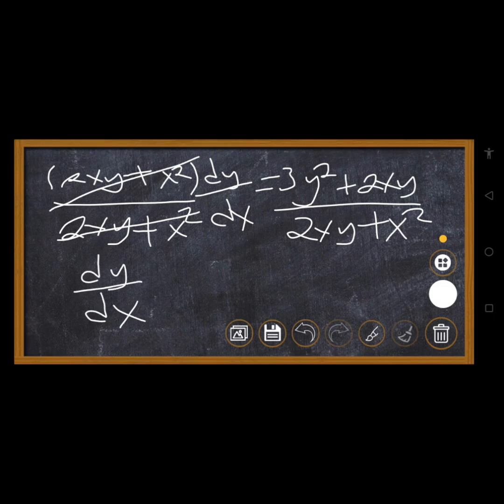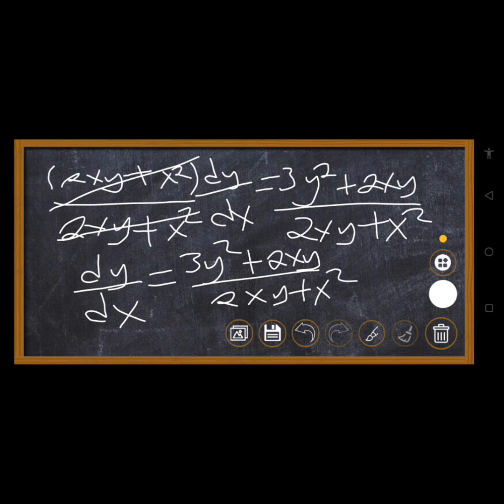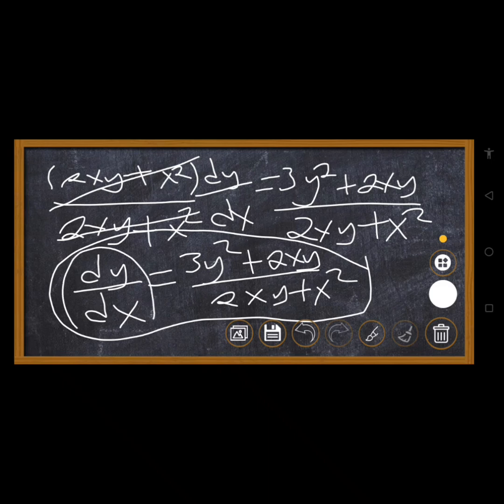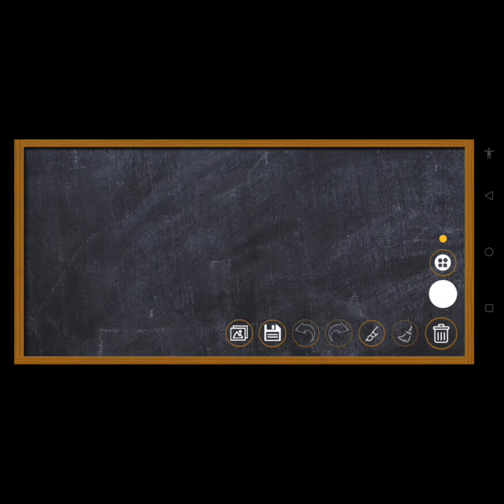dy over dx equals 3y squared plus 2xy over 2xy plus x squared. So we have this as the simplified expression. This is the part where I said after you have simplified and have only dy over dx on the left, you let y equal vx.